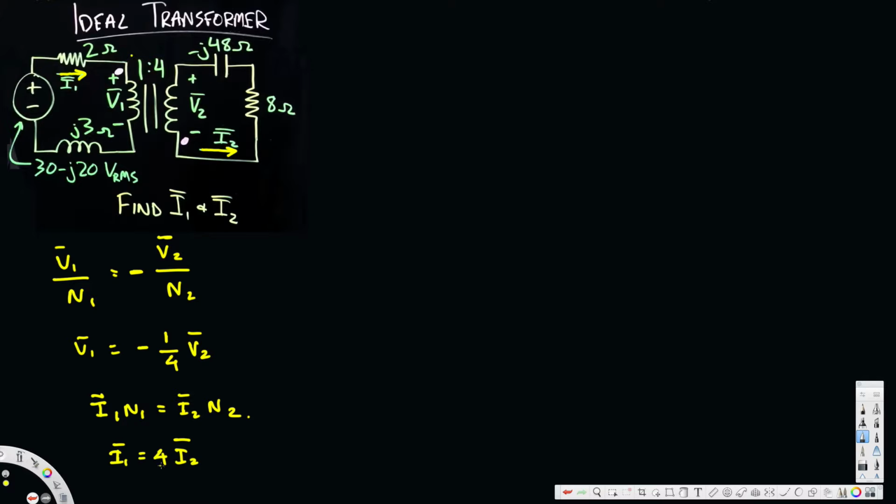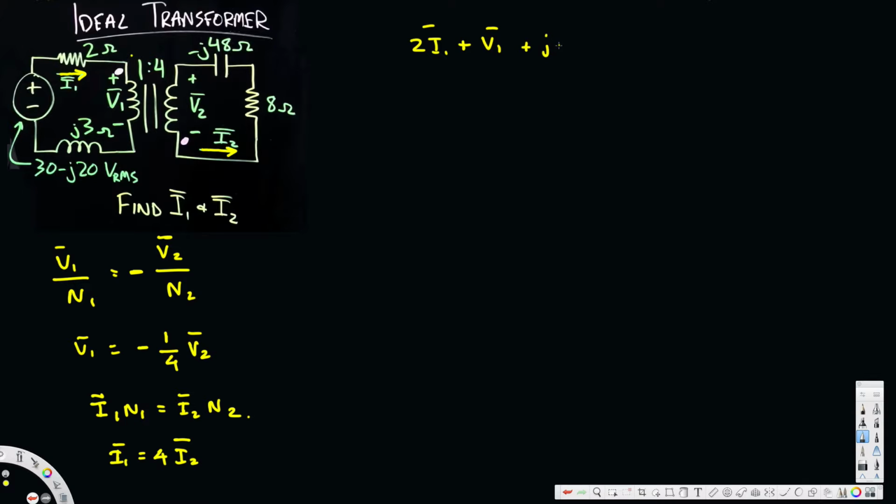Now let's apply KVL. Let's go to the first loop: 2 times I1 bar plus V1 bar plus the impedance times I1.